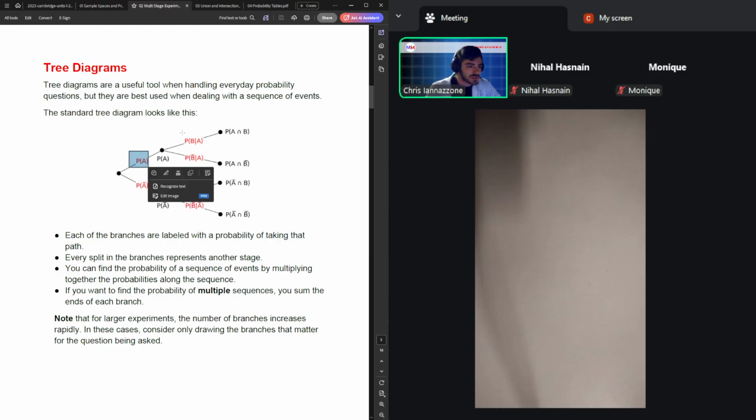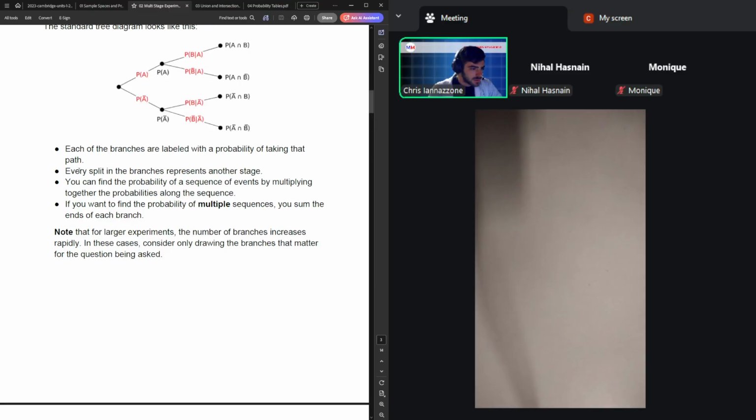That's what all these mean. They're going to end up being numbers when you actually use them, and they are the probability of taking that path. I think I talked about this one.